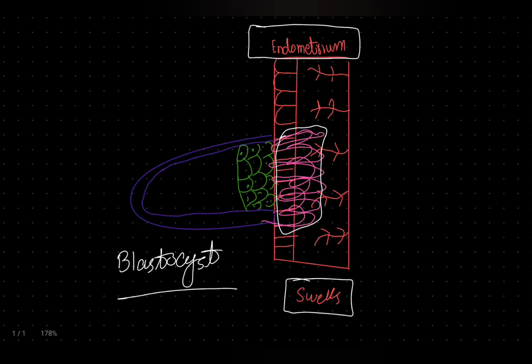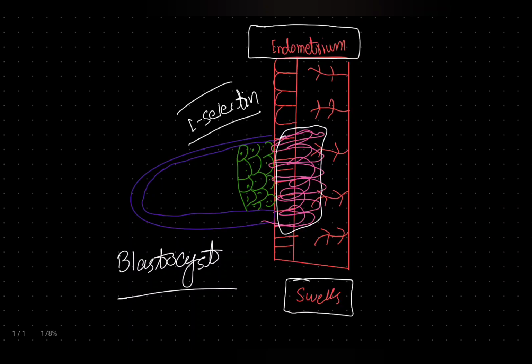There are 3 layers of the uterus: endometrium, myometrium, and perimetrium, or I think so, epimetrium. With the help of L-selectin, the blastocyst is connected with the uterus.